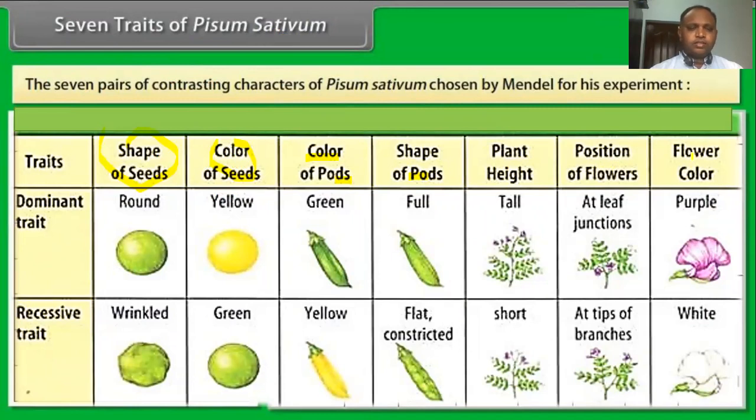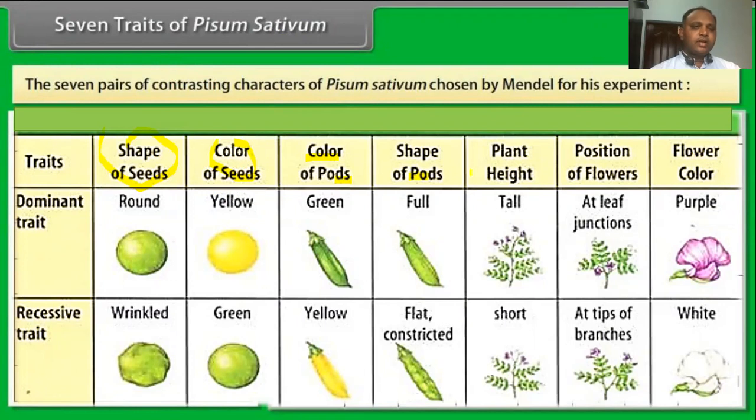Okay, these are the 7 contrasting characters selected by Mendel for his hybridization experiment, right? So just you see: seed shape, seed color, pod color, pod shape, height of the plant, position of the flower, and flower color. Okay, these are the 7 pairs he selected.